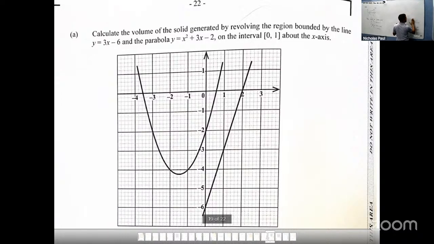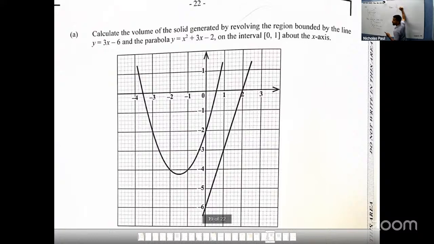You find x between 0 and 1. So watch. The volume is between 1 and 0 of pi y squared, right?